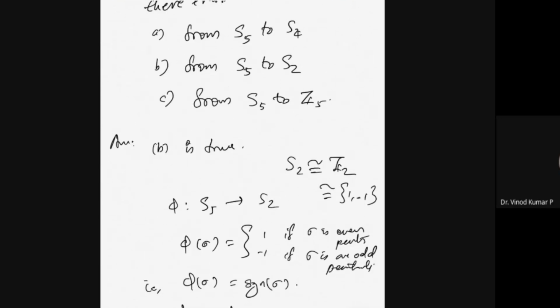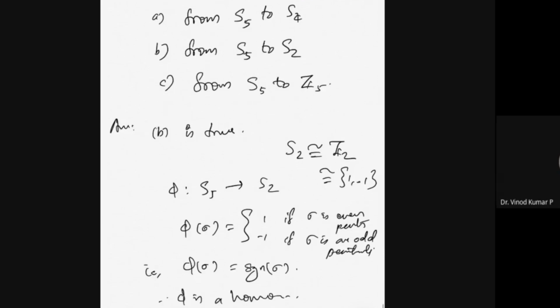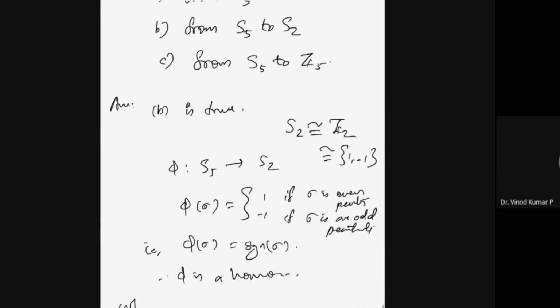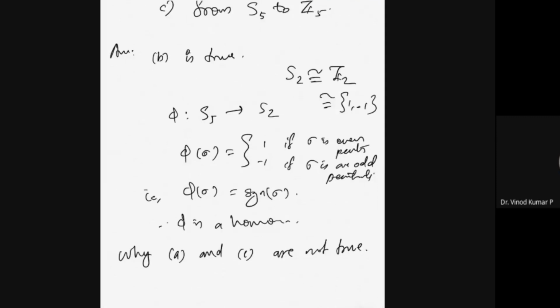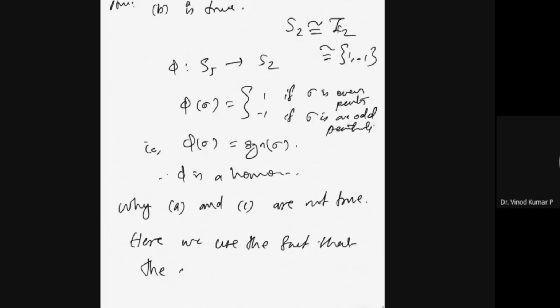Now why does there not exist a homomorphism from S5 to S4? Here we use the fact that the only proper normal subgroup of S5 is A5.